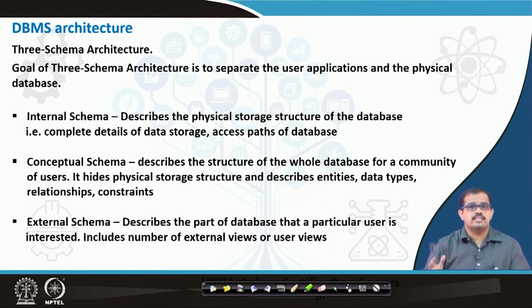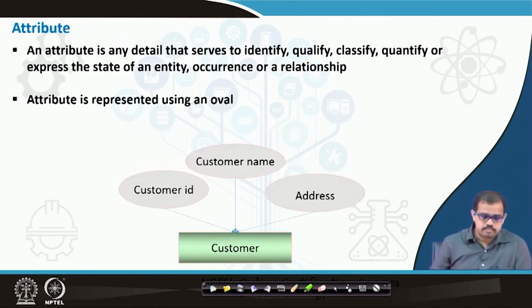The external schema describes the part of a database that a particular user is interested in or needs to understand, and includes a number of external views or user views. This schema can be defined based on the user base, and can be interacted with in terms of how the user needs it to be manipulated or even modified.